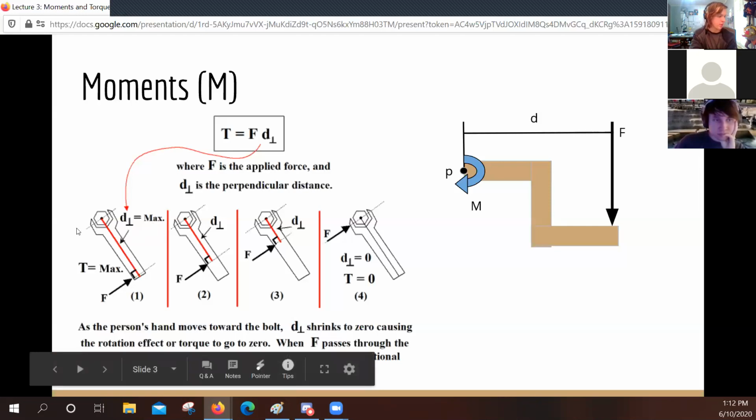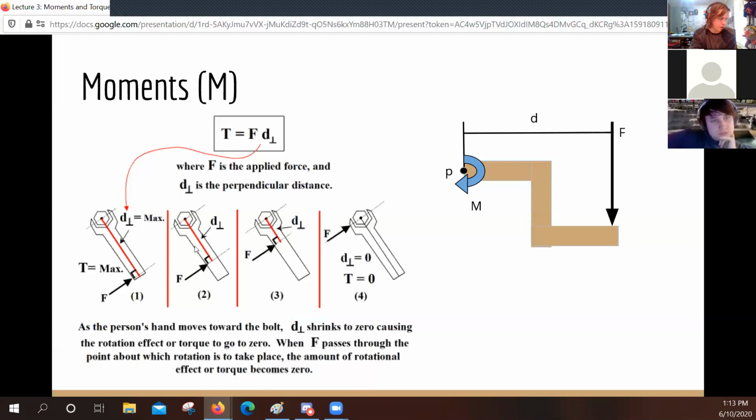So with this little diagram here, if we go the furthest distance out that we can on this wrench, and we apply the force there, then we're going to have our maximum torque or maximum moment. The further out we are, the more it's going to want to twist this thing. If we go further in, not quite to the edge, then we're going to have a smaller moment, a smaller amount of, I guess, twist factor. If you get pretty close, then you're going to have almost no moment or torque.